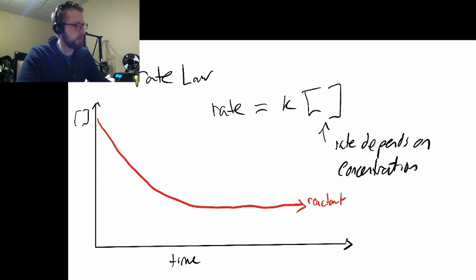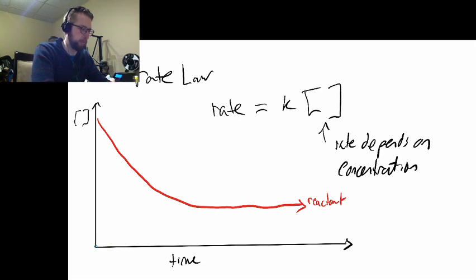then doesn't that mean that there's a concentration of product? And so if we think about the product, we had no product before, and then the product is increasing. So the concentration of the product is increasing.